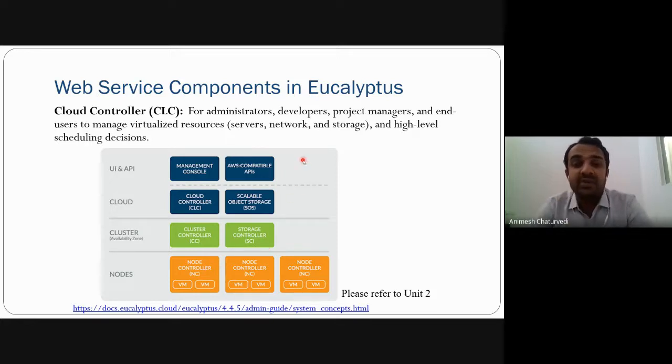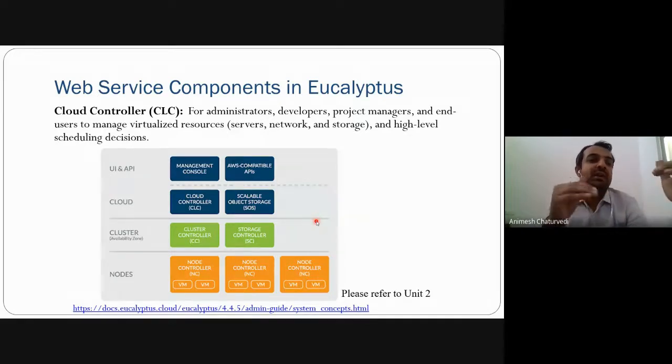Server, network, and storage. All of these are used. The administrator does these things. High-level management, like scheduling and decision making, is also done by the cloud controller.